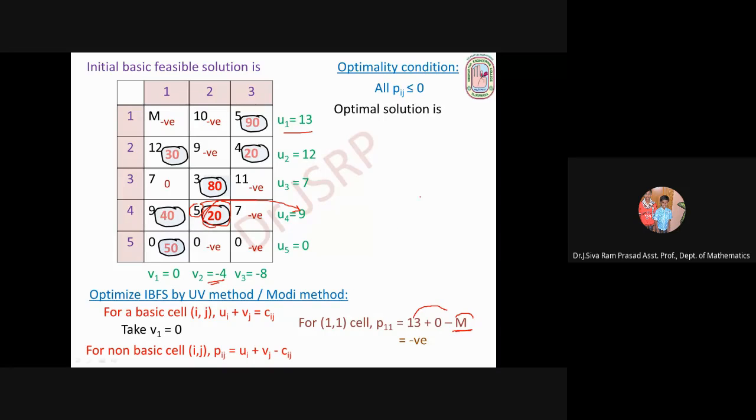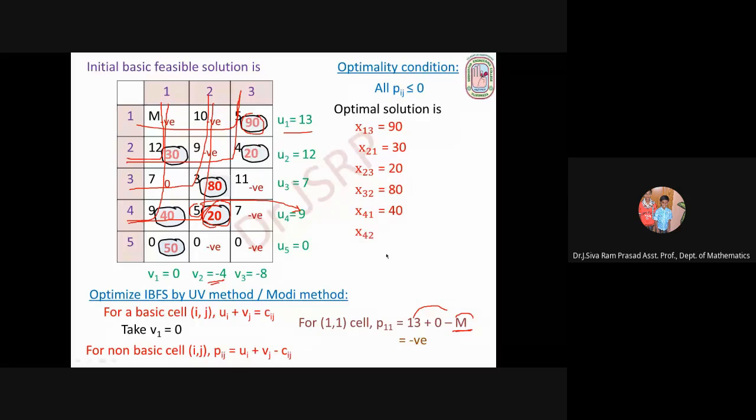So the optimal solution is, we have to write the basic cells. This is a basic cell, that is 1-3 cell. So x13 equal to 90, x21 equal to 30, x23 equal to 20, x32 80, x41 40, x42 20, and x51 50.